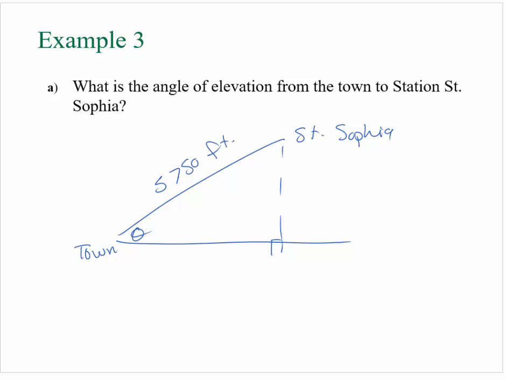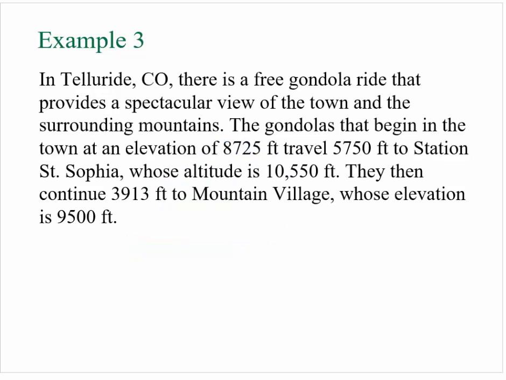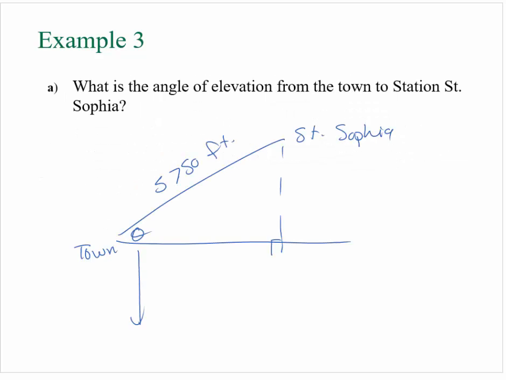And I'm also told, if we go back, so in the question, we're told that the altitude is 10,550, and the town is already starting at 8,725.